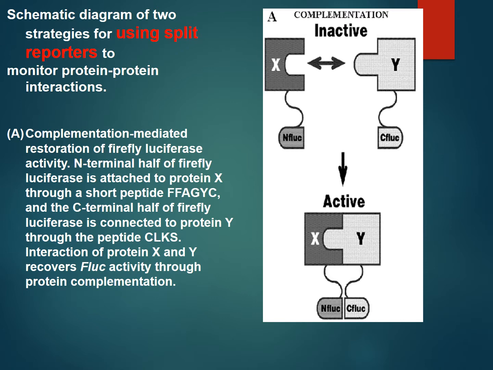And basically, if X and Y interact, then you get a functional firefly gene that, under the right conditions, will give you the yellow firefly color here. So these have been called split reporters, because each protein has one part of the reporter, and when put together by protein interaction, the reporters are made whole again, and you can measure that, right?